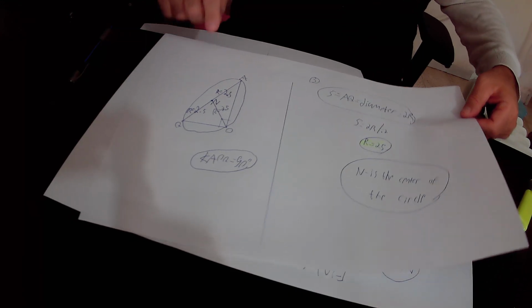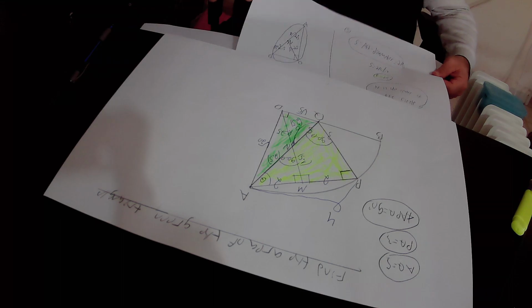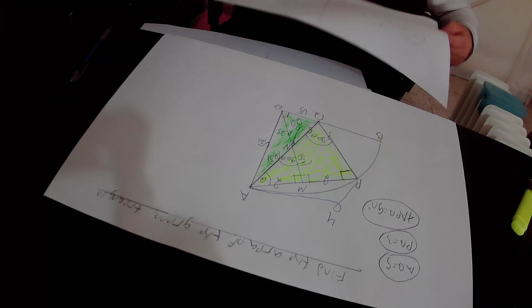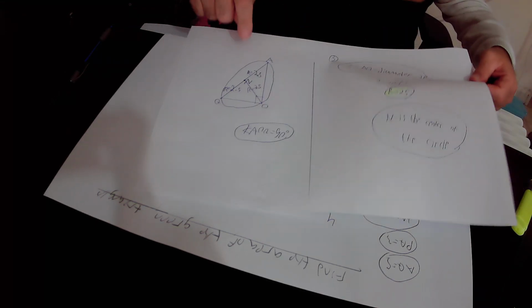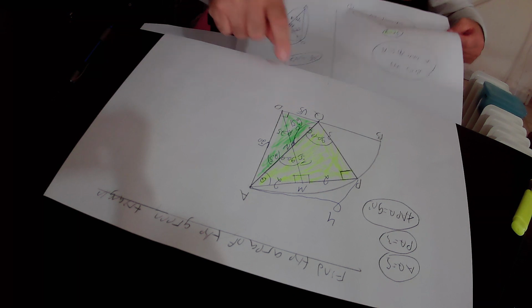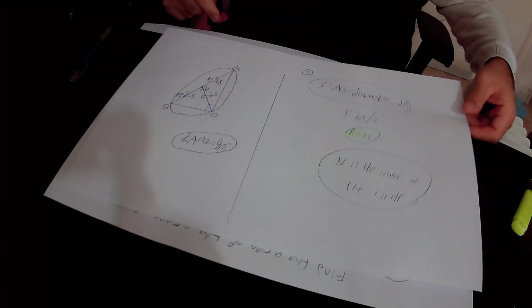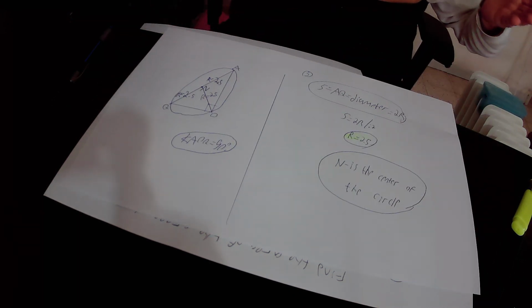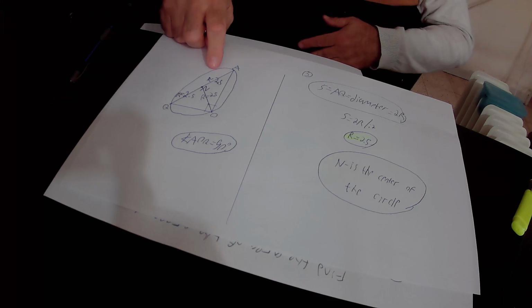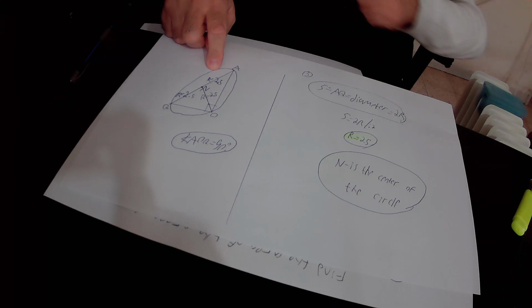And AN equals 2.5, and NQ also equals 2.5. Because AQ is the diameter of the circle, and AN equals 2.5, but the radius of the circle also equals 2.5 units, therefore AN must be the radius of this circle.